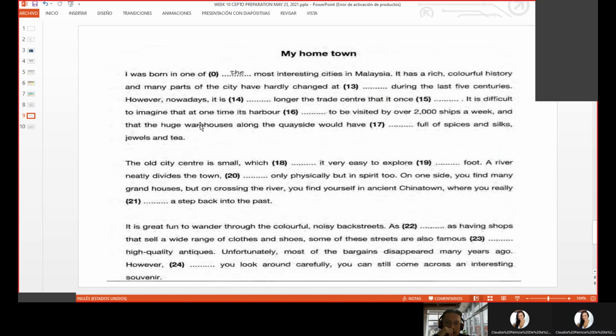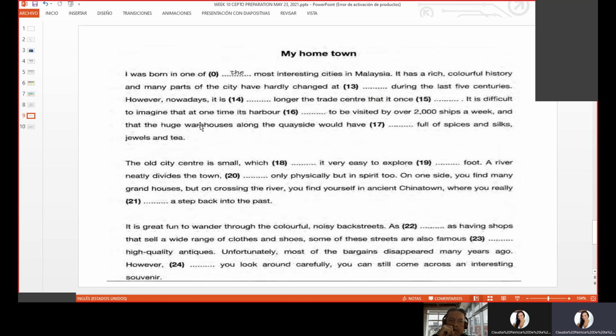Which one? Is. No, it's not that. It's not that auxiliary or modal verb.